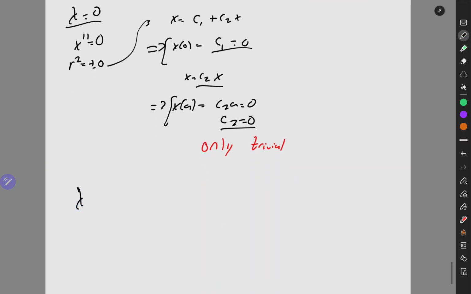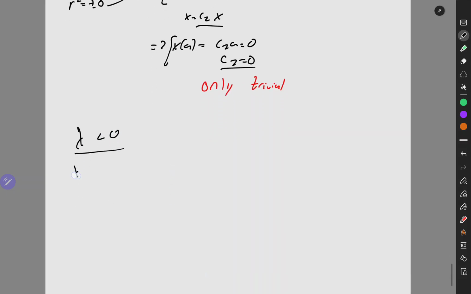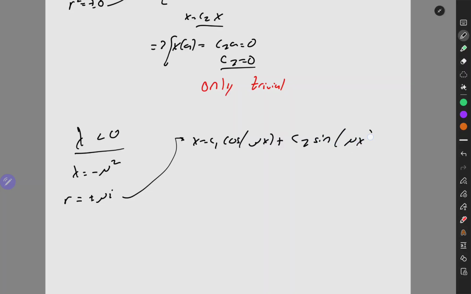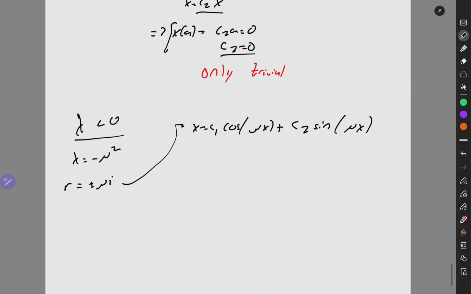If we have lambda less than 0, this is the complex case. First condition here.